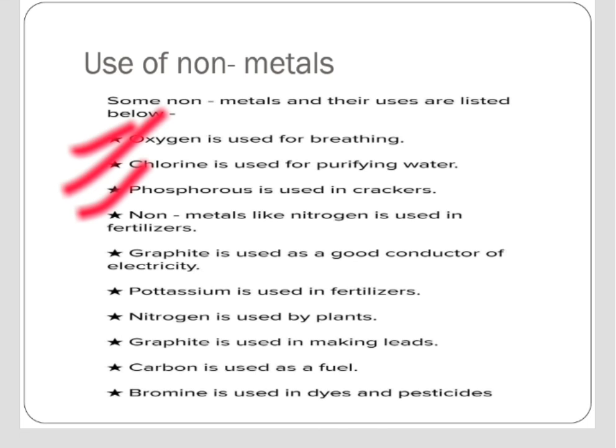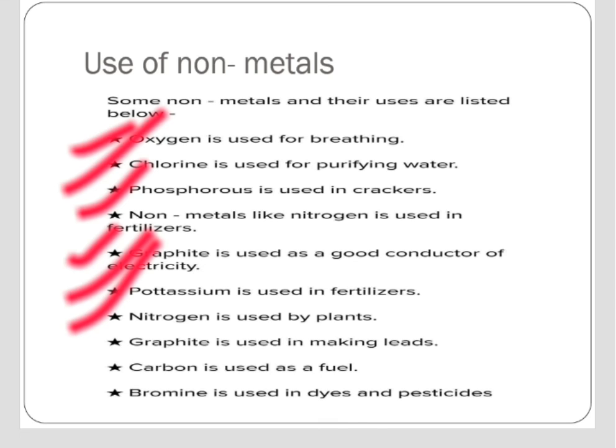Third, phosphorus is used in crackers. Fourth, nitrogen is used in fertilizers. Next, graphite is used as a good conductor of electricity.